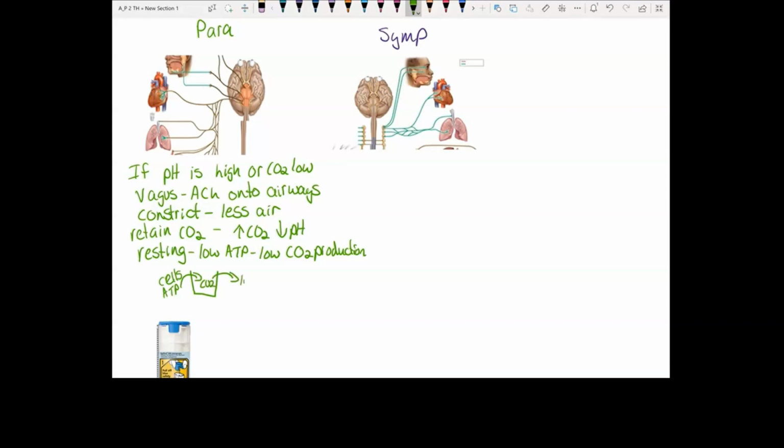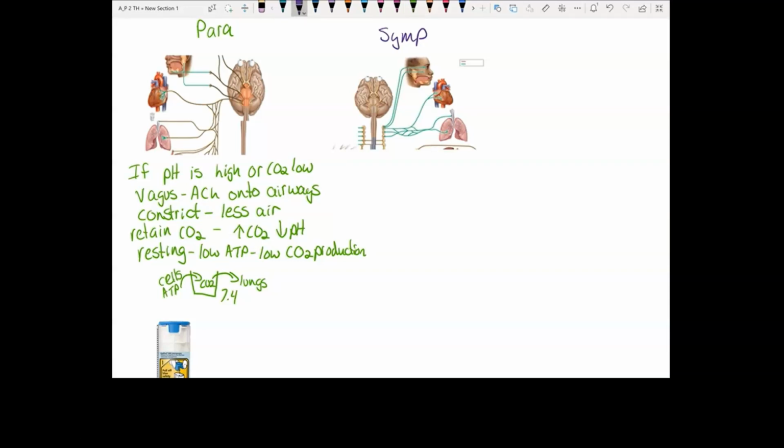Then your lungs take carbon dioxide out, and they have to be equal. As long as the amount your lungs take out equals the amount your cells put in, your pH will stay at 7.4. So when you're resting, you're using parasympathetic to constrict the airways. That way you don't accidentally lose too much carbon dioxide and then upset your blood pH.